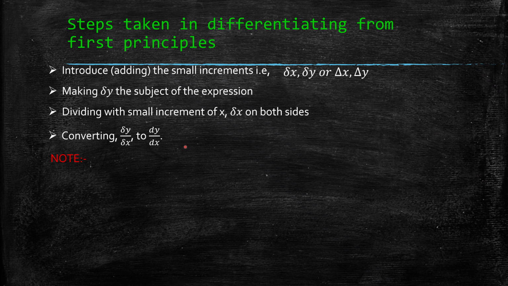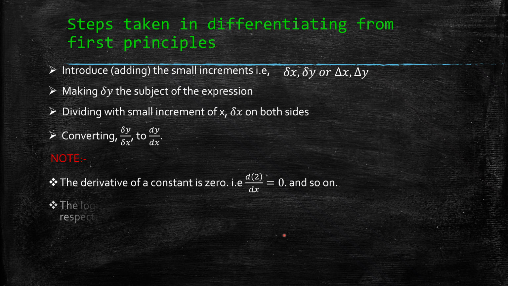But we need to note some of the things that are generally recognized. One, the derivative of a constant is zero. Whenever you differentiate a constant, as we shall find out when we use these 4 steps, it will always be zero.